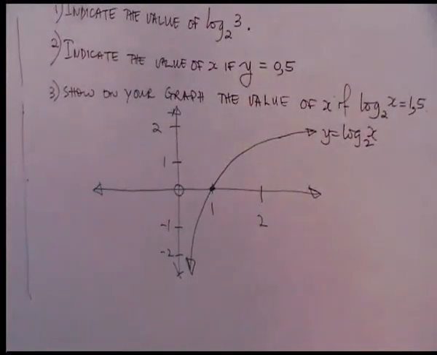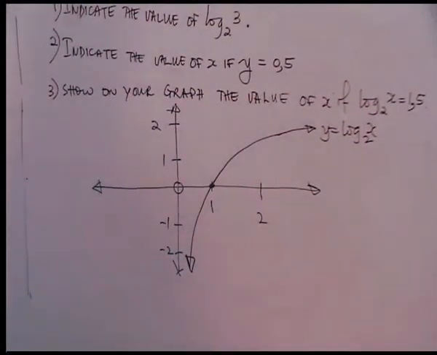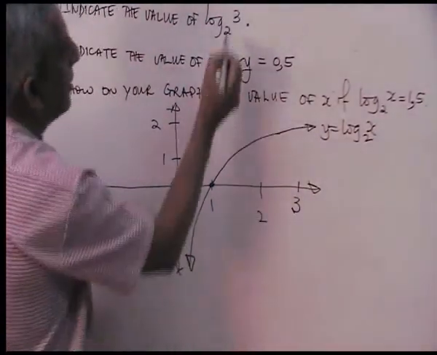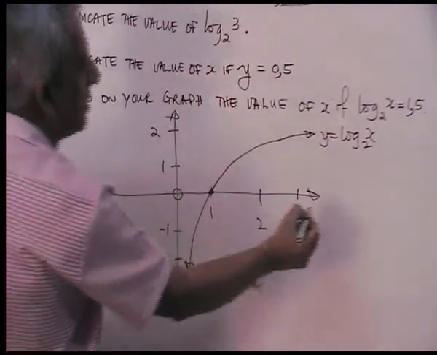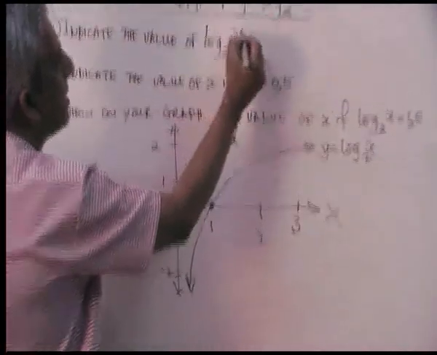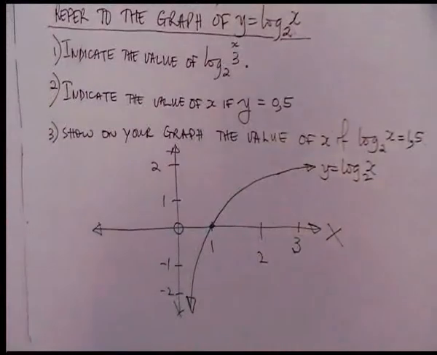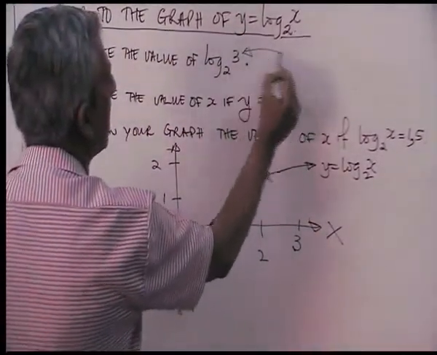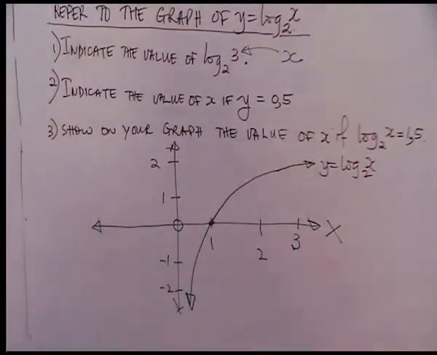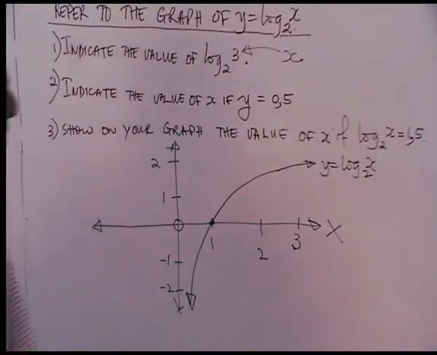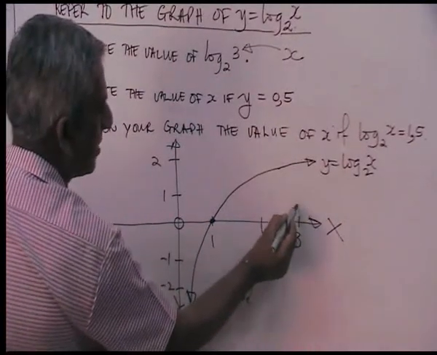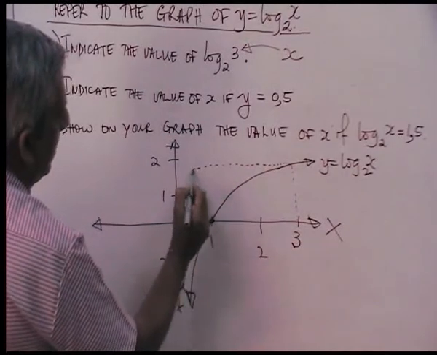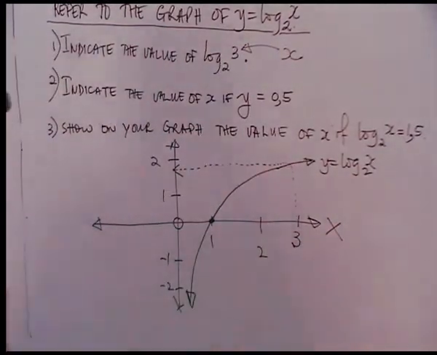You want the value of log of 3 to the base 2. Well, 3 will be here. So x is 3, you see? That 3 is actually x. So if x is 3, then the value of log of 3 will be indicated there like that.